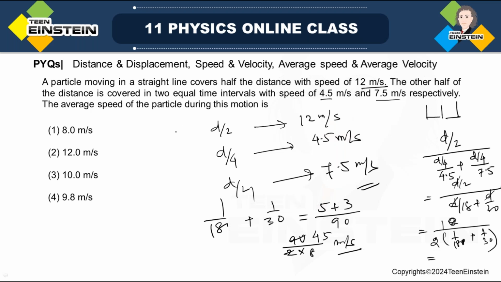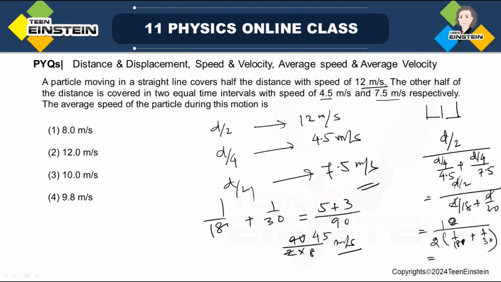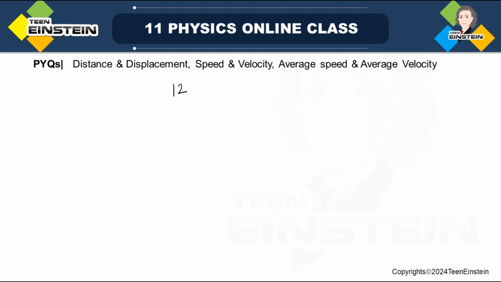So I have to find out average speed, right? So this is now simple, I guess. Earlier it was this much, 12 meter per second. Total distance covered is d by 2, and here also d by 2.